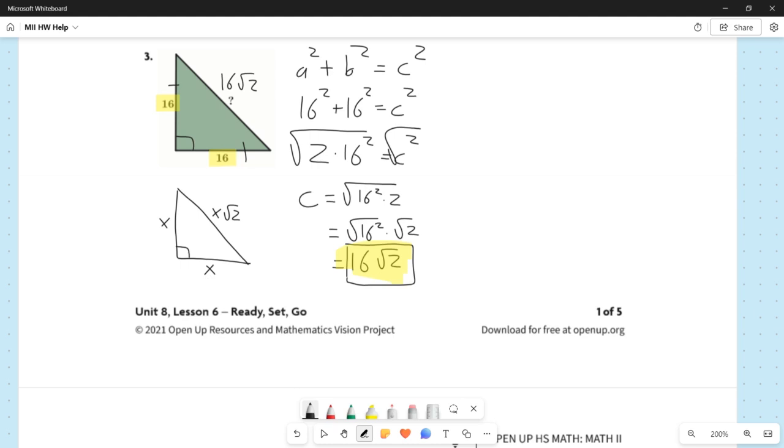You don't have to do all the calculations. In an isosceles right triangle, this relationship will always work. So because our original triangle had legs of 16, it means that the hypotenuse had to be 16 root 2. Because that's the way that the math works out. So both a long way of doing this problem and a short way, no matter how you do it, you should get 16 root 2 as your final answer.